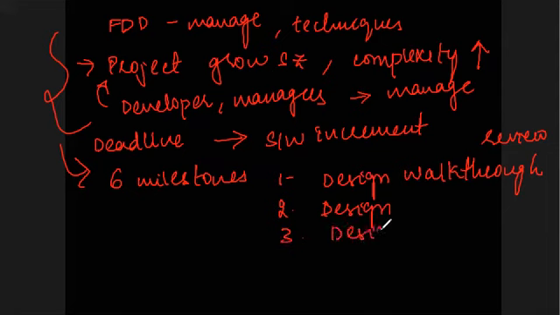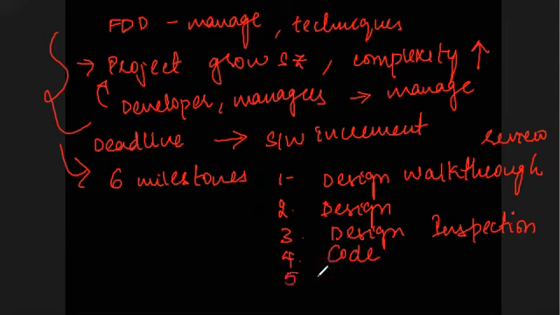Then when you've done the designing part, you're going to inspect how your design is. Inspection: you're going to check how accurate your software is, how robust your design is, that is going to be identified. Then based on that, you're going to start with the coding part. Then when you have done the code, you're going to go for the code inspection.